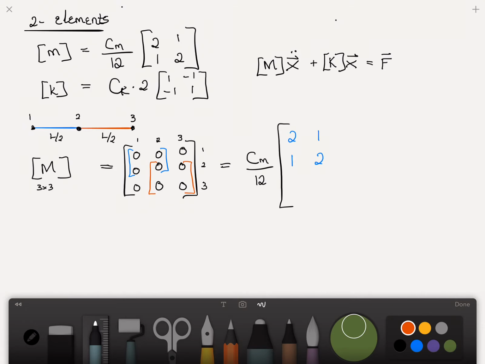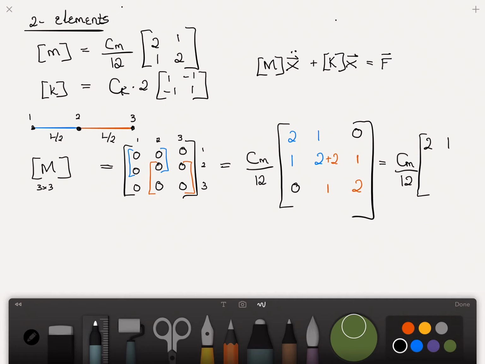And the contribution from the red is 2, 1, 1, 2. And of course the rest are zeros. Let me just write that in line. So in fact what this looks like is Cm over 12 times 2, 1, 0, 1, 4, 1, 0, 1, 2. And that is the global mass matrix.